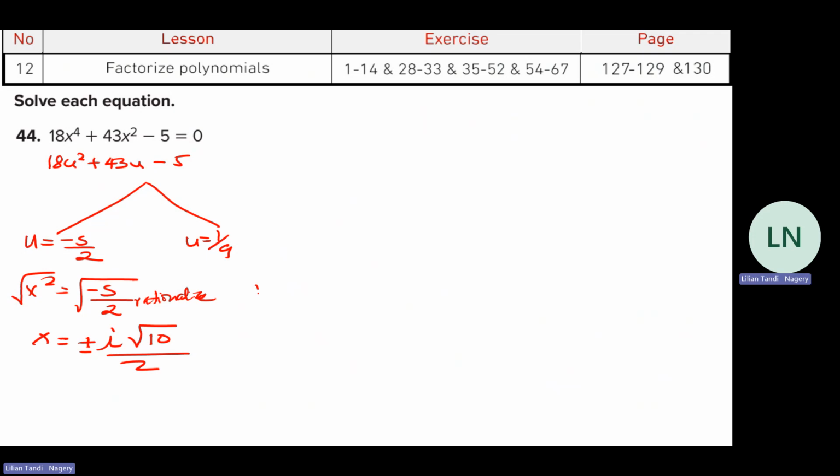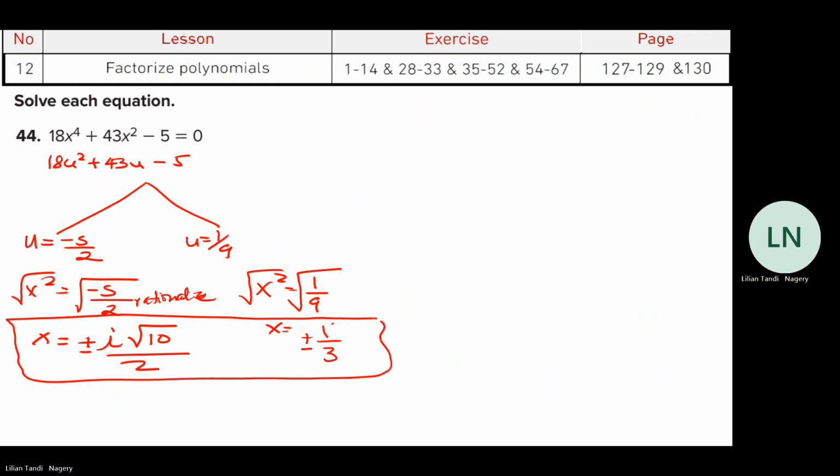And then here, x squared equals 1/9. 1/9 are perfect squares, so this will be plus or minus 1/3. And there are your 4 roots. Okay?